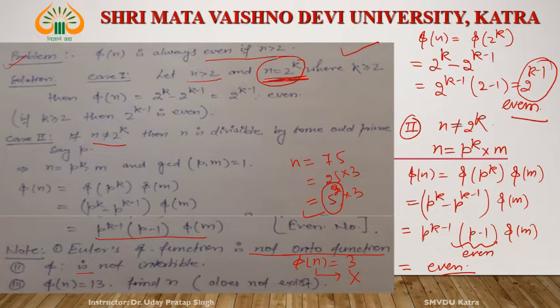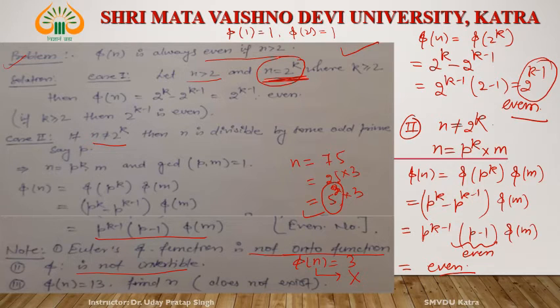Right? Phi is not invertible, since an invertible function is one which is 1-1 and onto. This is not onto, and this is not 1-1. Why not 1-1? Since phi of 1, what is phi of 1? Phi of 1 is 1. What is phi of 2?